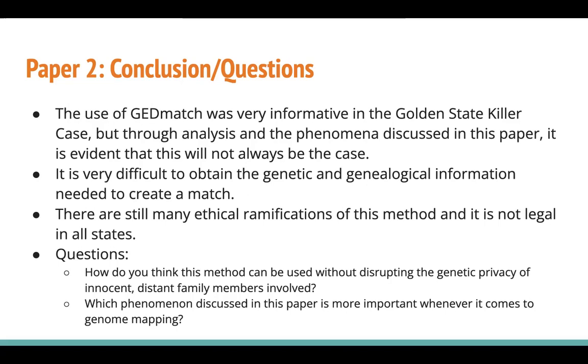If you're an innocent person who's never even met the Golden State Killer, and all of a sudden you're implicated with him, that comes with a lot of moral weight and a lot of privacy issues. So having an agreement that you consent to law enforcement accessing your genetic information would probably be the most effective way to do that. Yeah, I agree 100%.